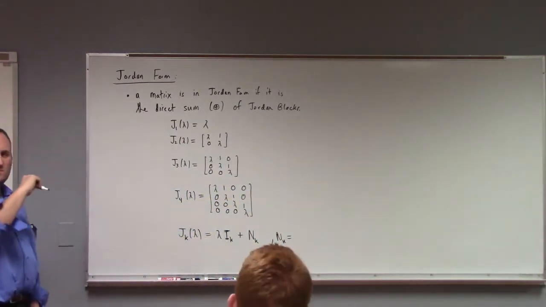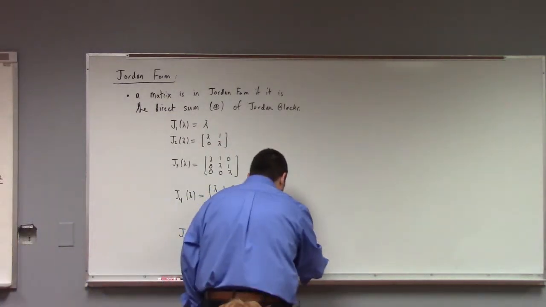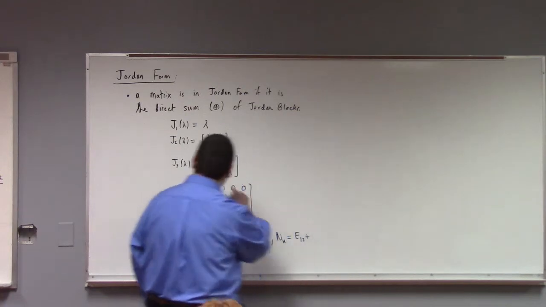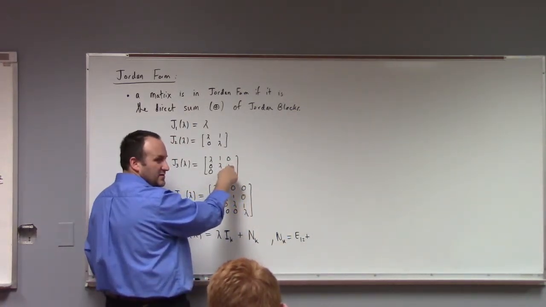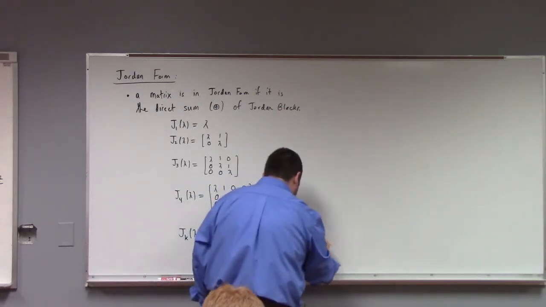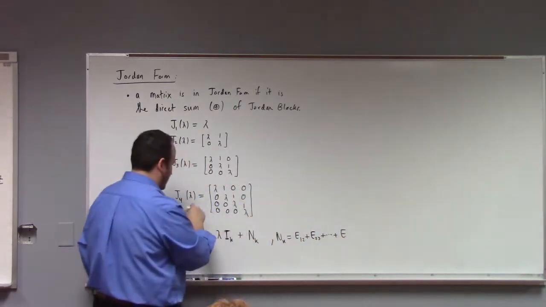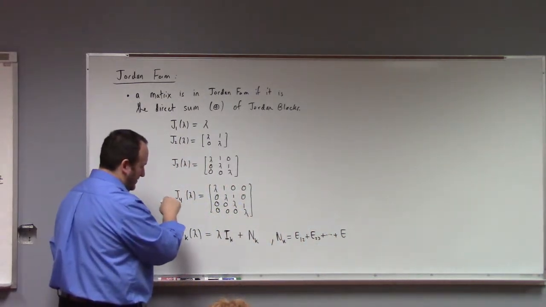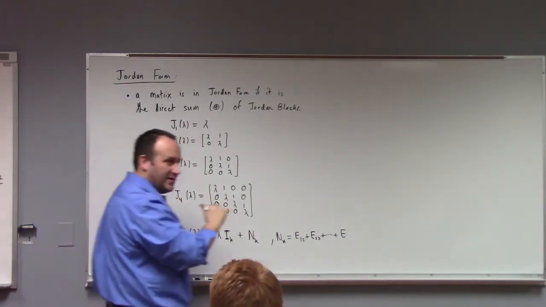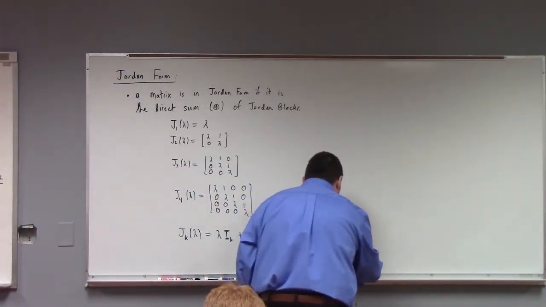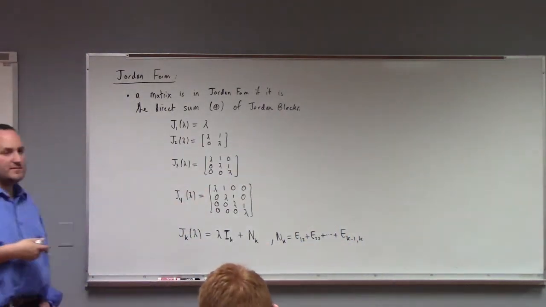It's E1,2, big E1,2, plus what comes next? E2,3, plus what's the last thing? E(k-1),k. That's the general pattern.